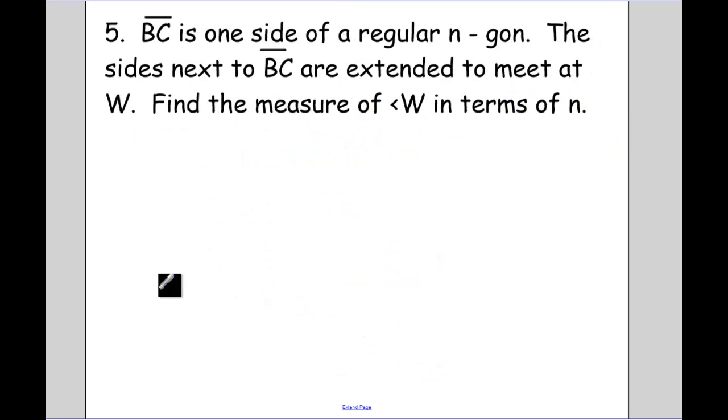Okay, next example. BC is one side of a regular n-gon. The sides next to BC are extended to meet at W. Find the measure of angle W in terms of n. So BC, and then I don't know how many sides it is.